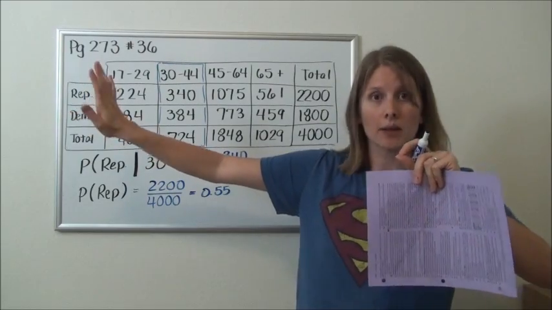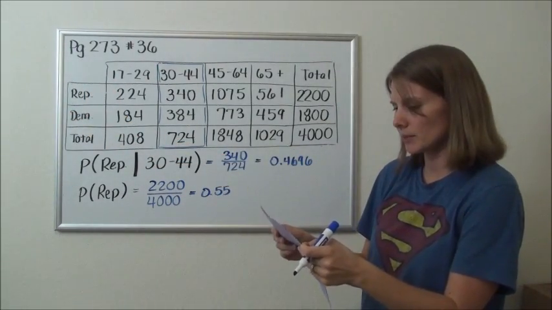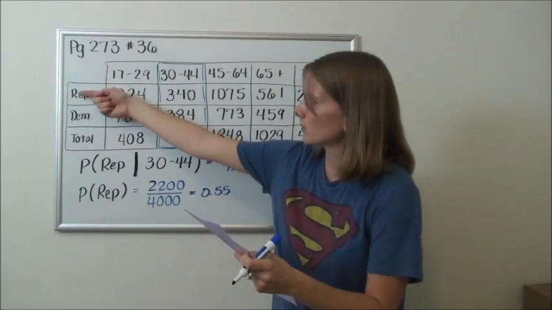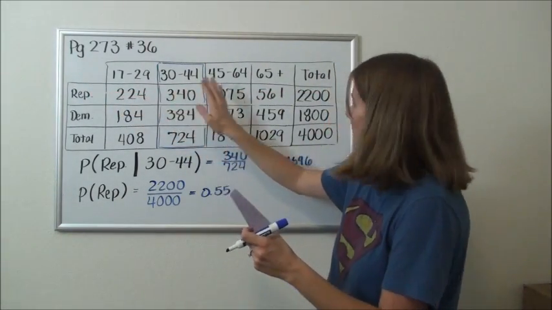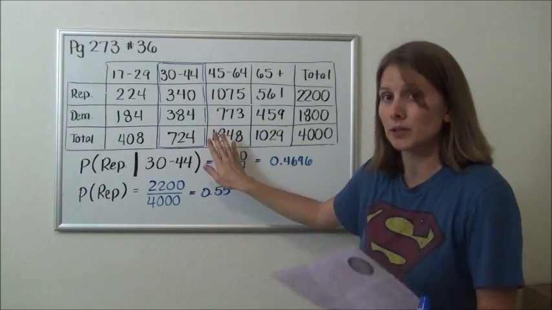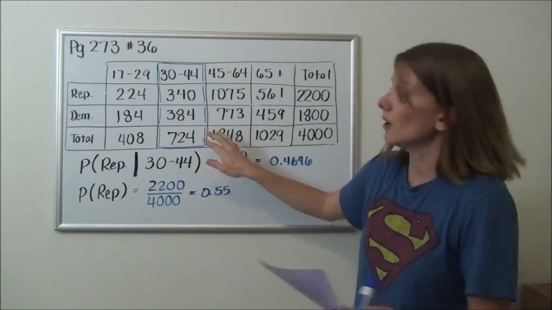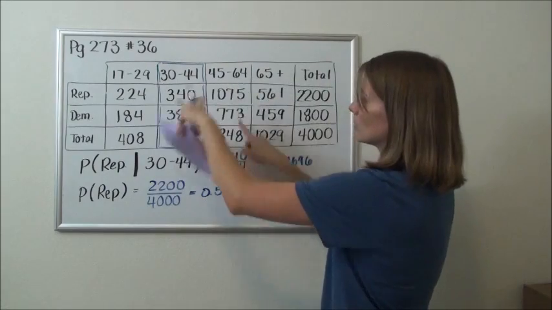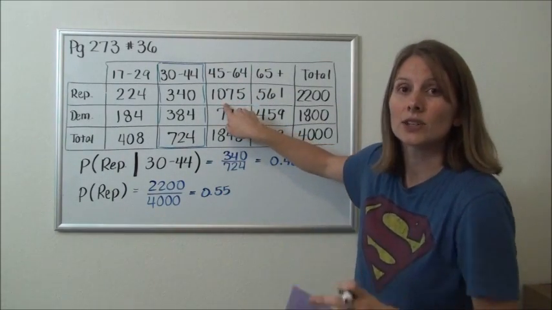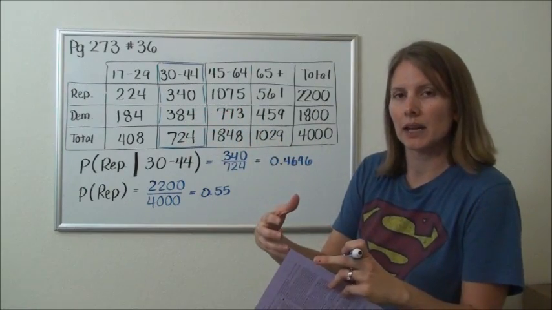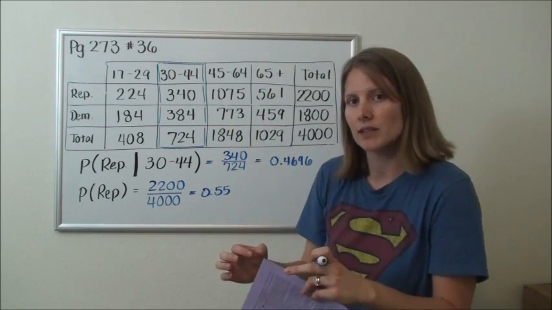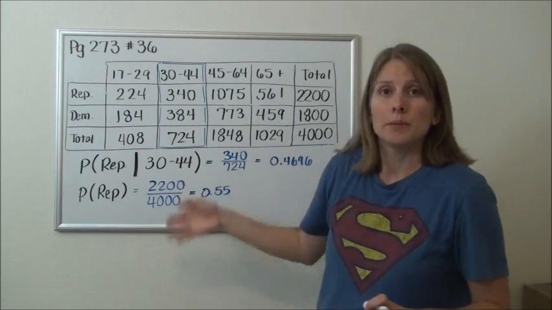There is no overlap, they are mutually exclusive. Whereas in part D, they want to know, is Republican, which is this row, and the age 45 through 64, which is this column, mutually exclusive? And the answer is no, because I can see a place where those categories cross or intersect or overlap. Since there is a place where they share something in common, that's that overlap of the Venn diagrams, they are not mutually exclusive.